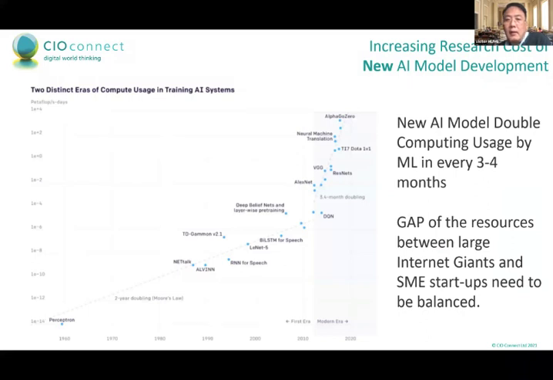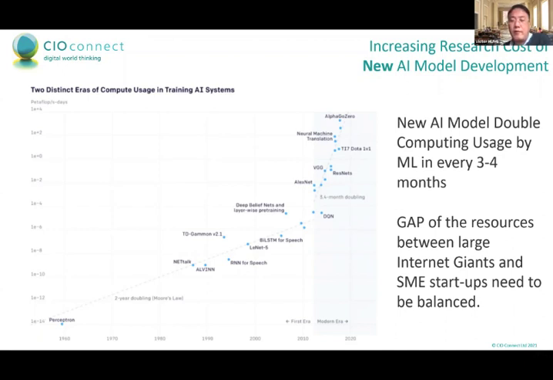In MIT Technology Review, it was found that in the last few years, new AI models are using a lot of computer power, and it can be seen from the diagram that the computer usage for building new models is quite substantial.